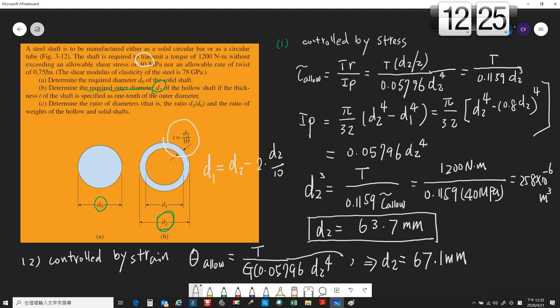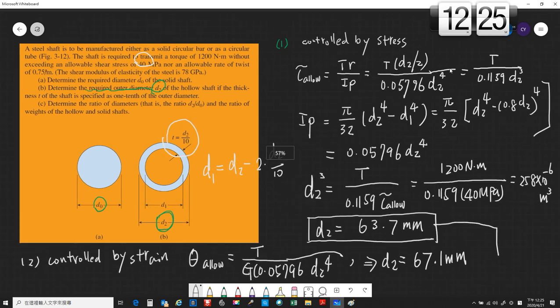Okay, so now you have to decide again. Compare these two. Yes, according to previous discussion, we need to choose the bigger one, because it's not possible to fracture here.